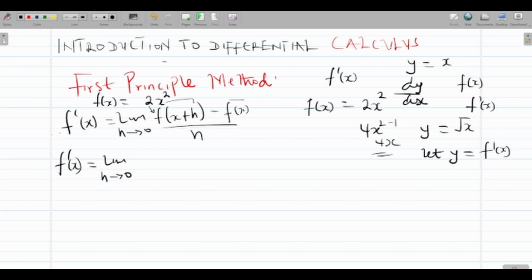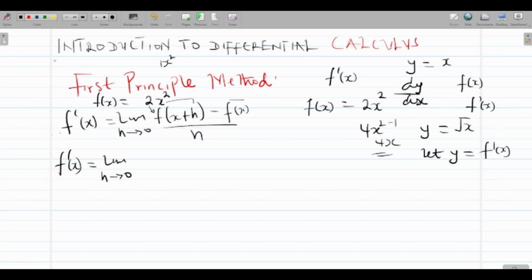Suppose our function were x squared. The number in front of the x is 1, so this is just going to be x plus h, because any number multiplied by 1 is still the same. So we put an x plus h for x. One other thing you need to know is that if your x is squared, your x plus h will also be squared.